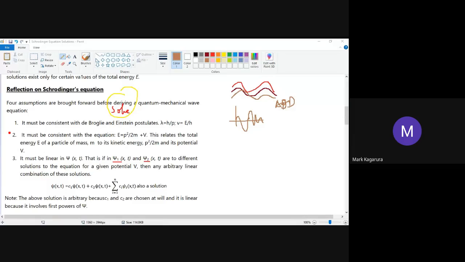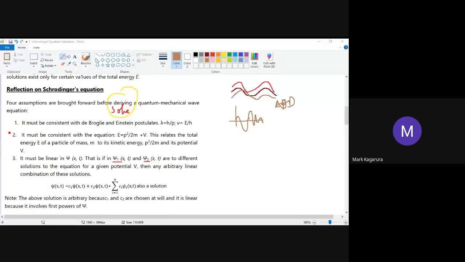These coefficients, C1 and C2, sorry to call them constants, could also have values, like functions of x or functions of y or functions of t in this case.